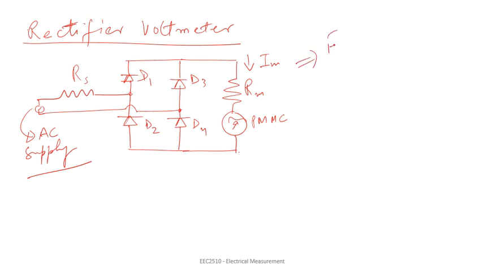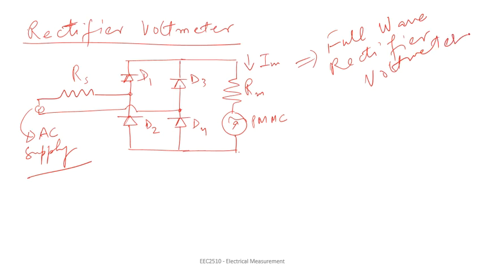So this actually is a full wave rectifier type voltmeter. You can also call it a full wave rectifier voltmeter, since a full wave rectifier is connected in the circuit along with this PMMC type instrument. This will be the output voltage, that is the rectified voltage.